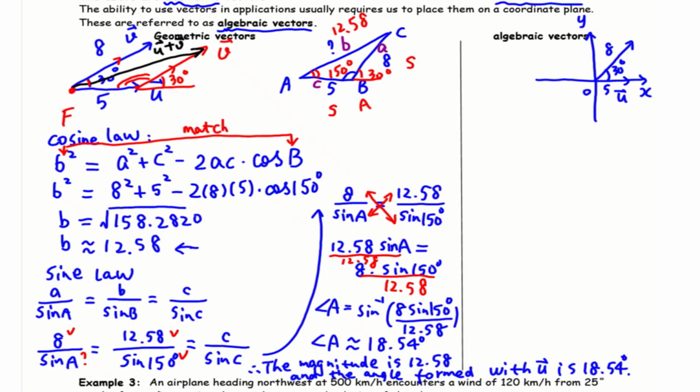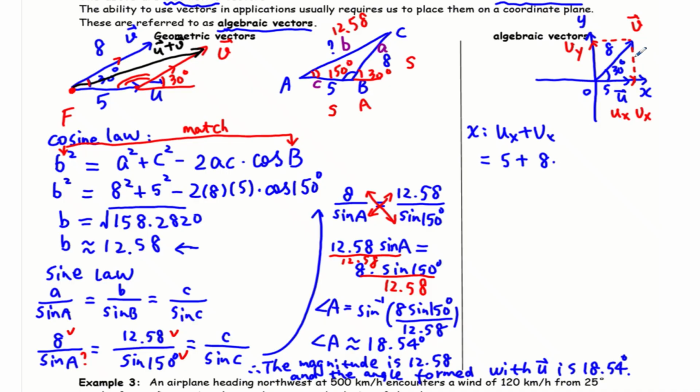So for the final one, what we are going to do is find the x component and y component. Then we are going to add the x components together, and the y components together. So this is y. So we are going to have ux, vx, and uy is 0, so we have vy. And the final vector x component will be just ux plus vx. ux is 5. vx is 8.